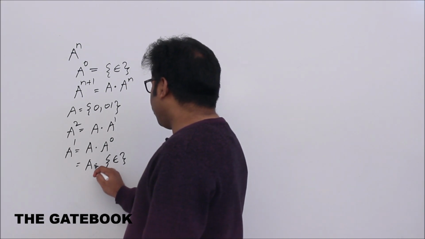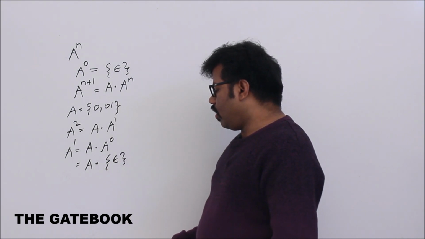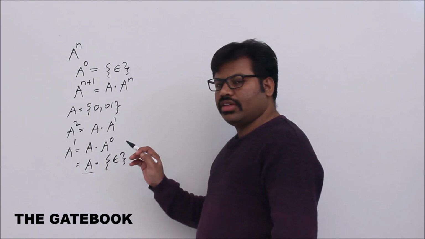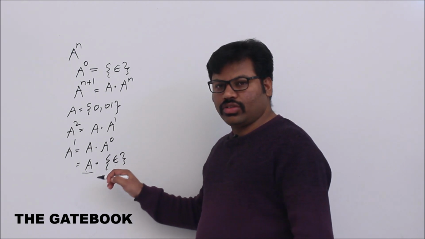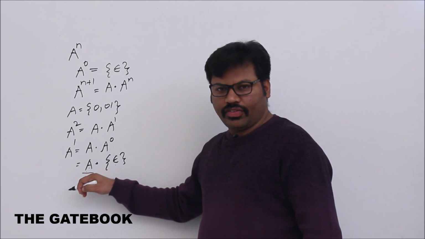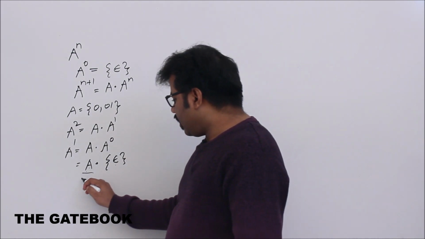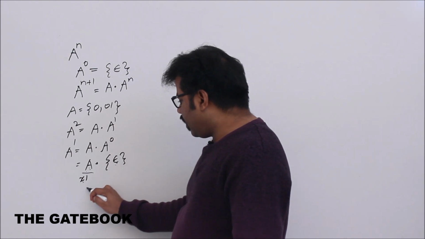Now one observation: you know the concatenation operation, how to do it? Take each and every string of A and concatenate with all the strings of the other set, but the other set contains only epsilon. Then you take each and every string, and if you concatenate, you get your strings back. Example, you have a string x1 in A, then x1 dot epsilon is x1.